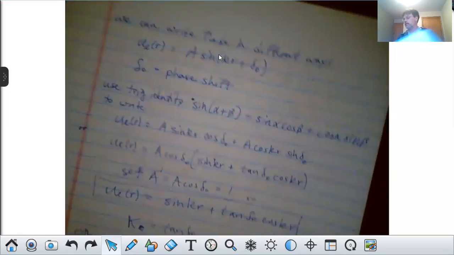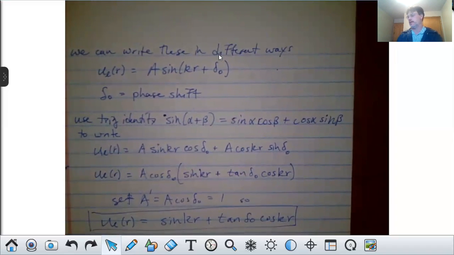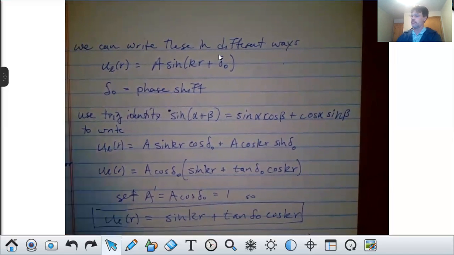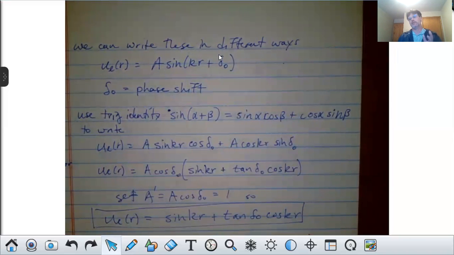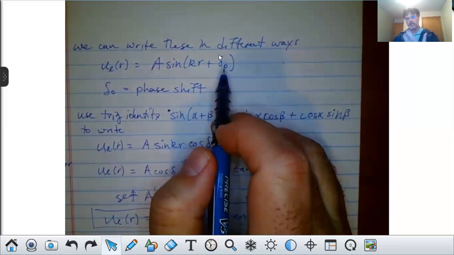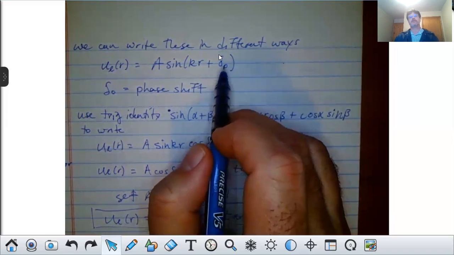Now there are other ways that people commonly write this solution. Another way is that you could introduce a phase here. Again, I'm looking at this as an asymptotic solution. So when we interpret the result, what we will look at is this phase shift.